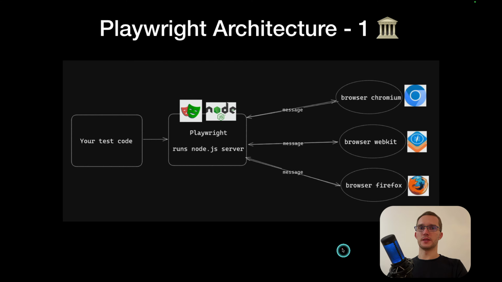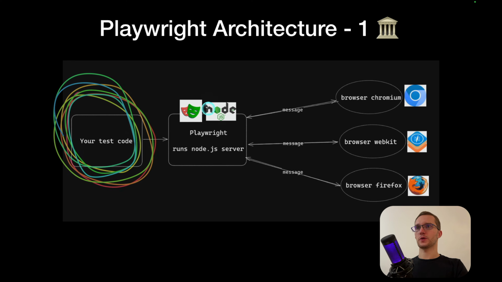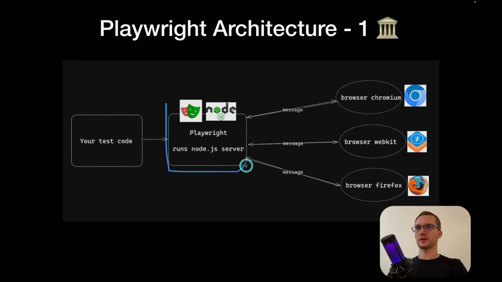All right, now let's talk about Playwright architecture. So what do we have in Playwright? First, we have your test code, which is written in TypeScript or JavaScript, doesn't matter. Then we have Playwright running a Node.js server. And this Node.js server actually takes your test code and executes it.